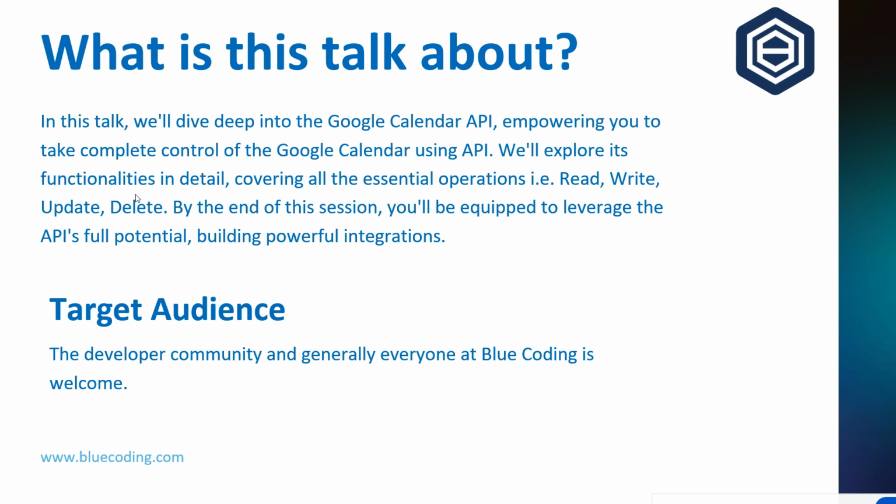We'll explore its functionalities in detail, covering all the essential operations: read, write, update, and delete. By the end of this session, you'll be equipped to leverage the API's full potential, building powerful integrations. The target audience is mainly the developer community at Blue Coding, but generally everybody is welcome to this course.